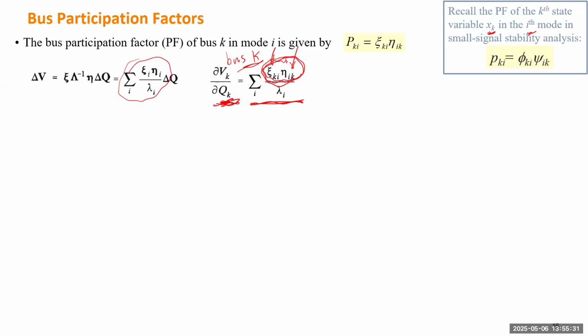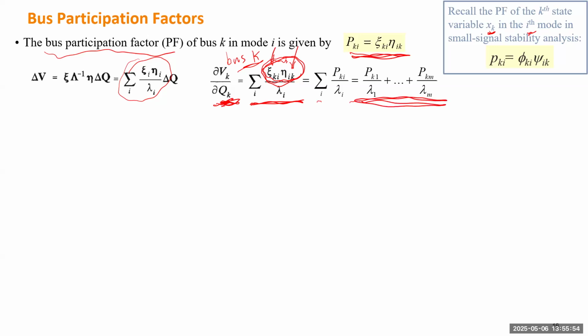So just similar to the small signal stability analysis, we can define bus participation factor as this product. So now we know the voltage at bus k change with local reactive power injection is equal to the summation of many terms. Each term is just the participation factor into each mode at that bus divided by that eigenvalue.